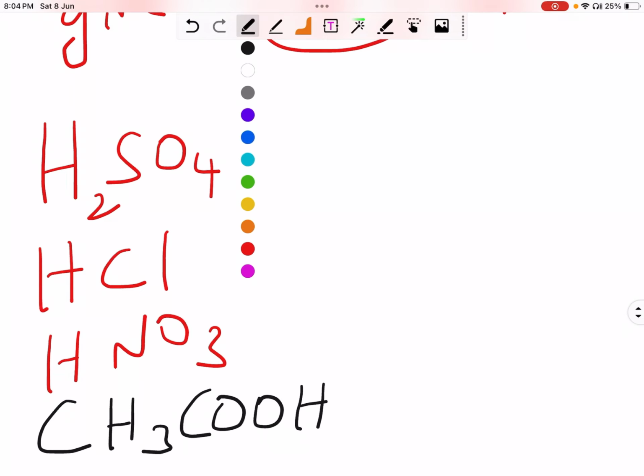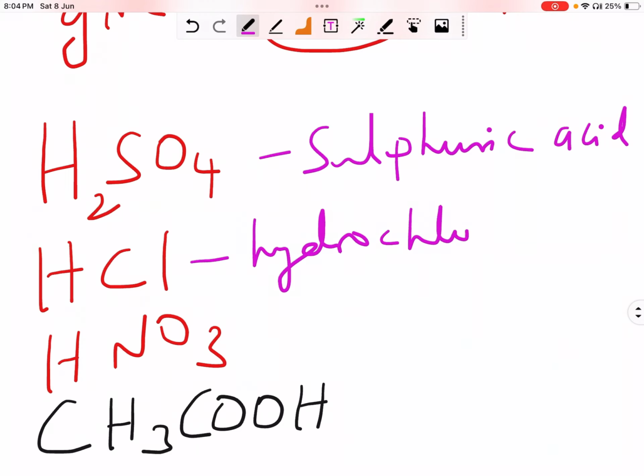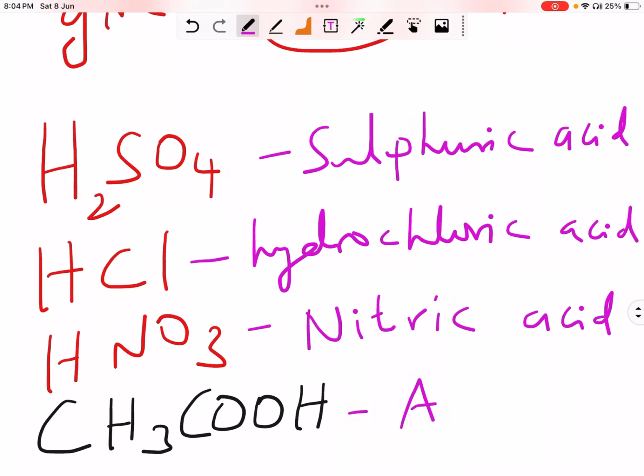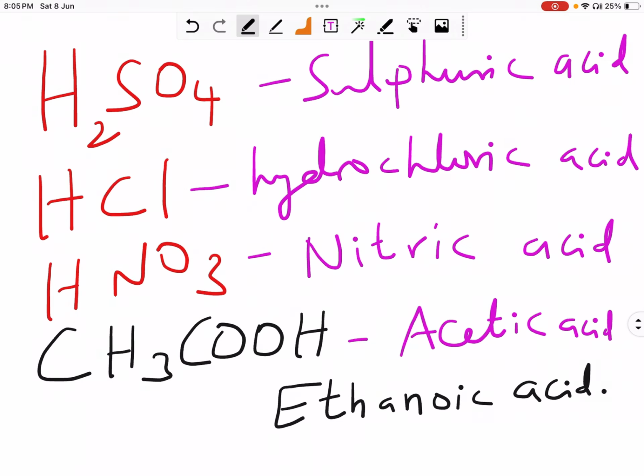Okay, the names are sulfuric acid, which is designated as king of chemicals, hydrochloric acid, the acid that is generated in human stomach, nitric acid, and this is called acetic acid. It has another name also that we need to mention now. The other name is ethanoic acid. Okay, so these four examples are a must for this level.